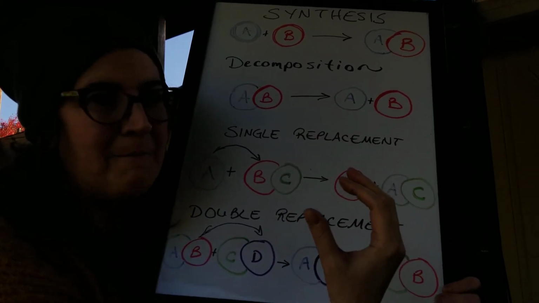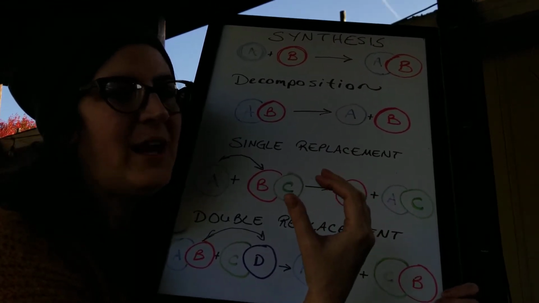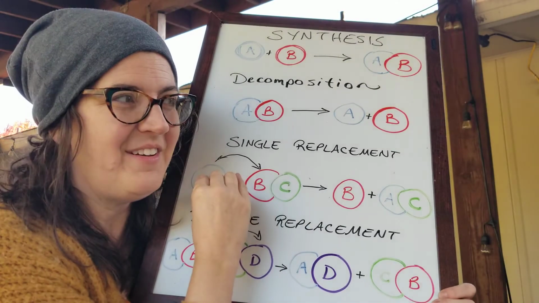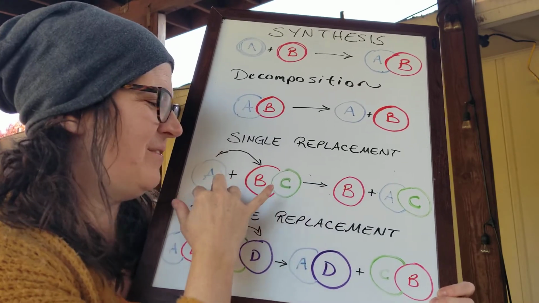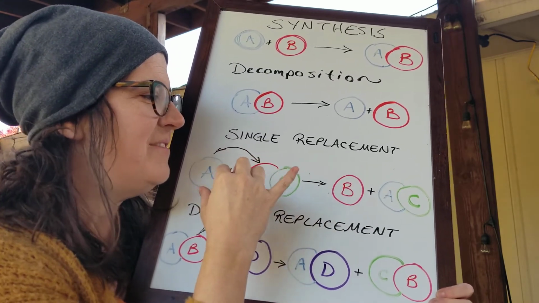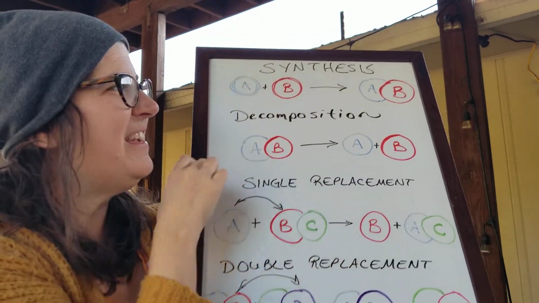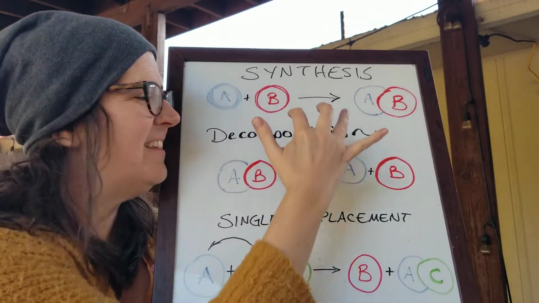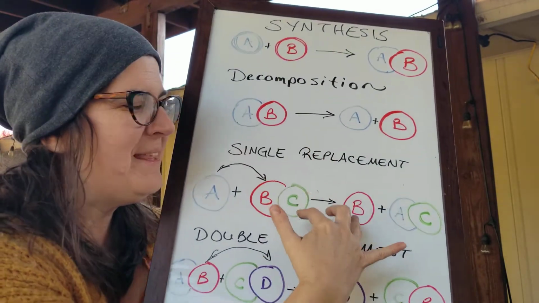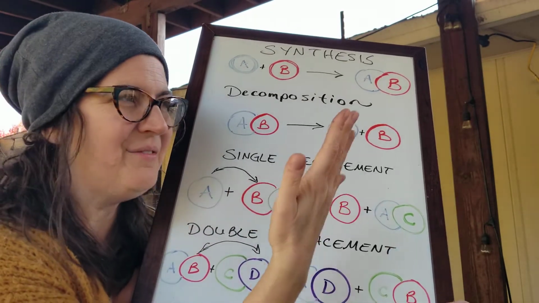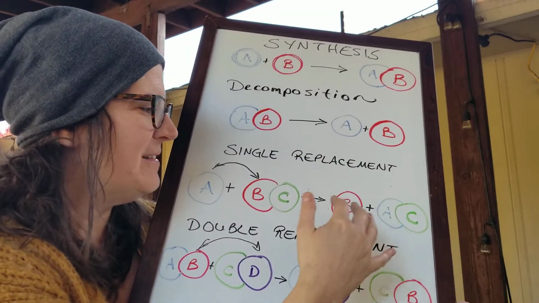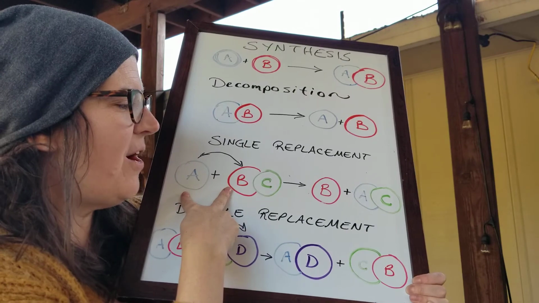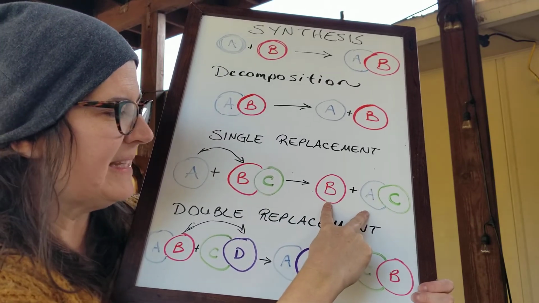But for right now, what they want you to be able to do is look at a mathematical-like formula only of elements and compounds, which is what these are, and to figure out what's going on. So if you think of this as kind of like math, let's say this is the law of synthesis, this is the law of decomposition, this is the law of single replacement, instead of the law of identity or something else. This is what these are, okay? So for this one, it's just the flippity flopping of these two atoms, okay?